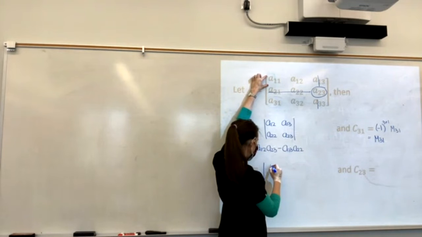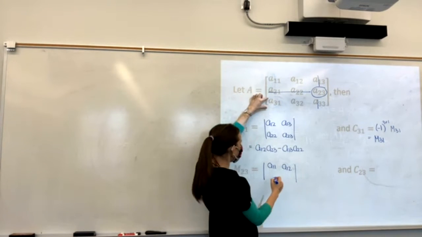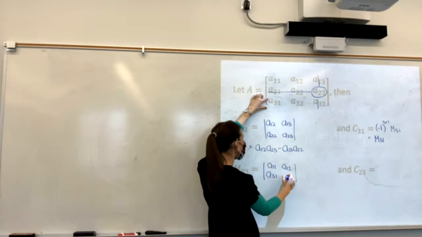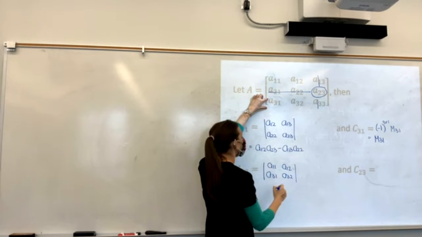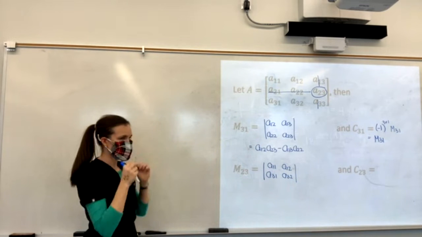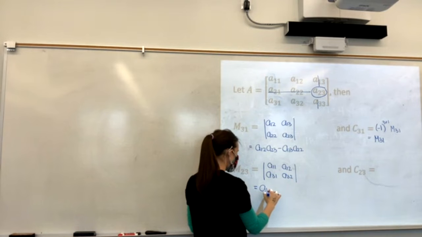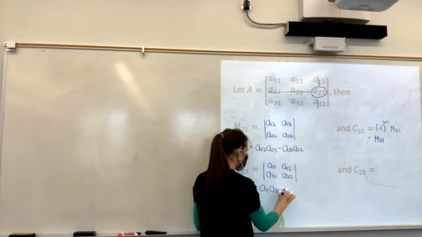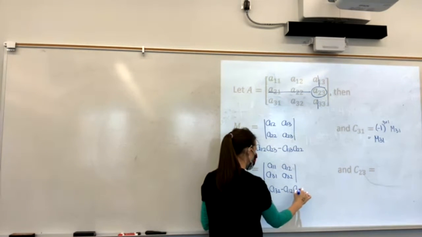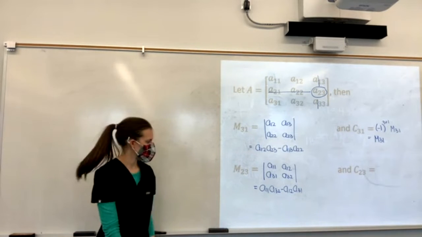So in this case, the determinant of what's left would be A11, A12, A31, A32. And then because it's a 2 by 2, that determinant would be A11 A32 minus A12 A31, whatever number that is.